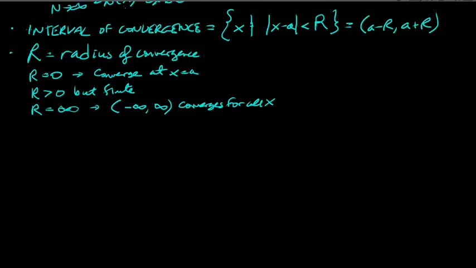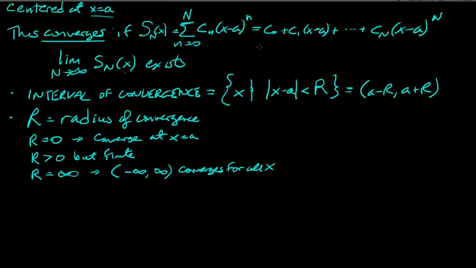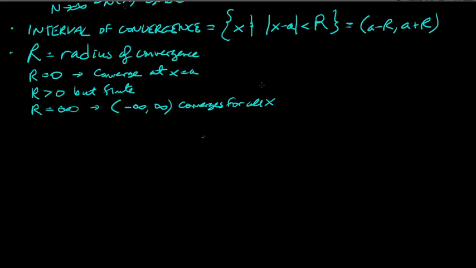So how do we find this radius of convergence? Again, the value of A will be clear based on the series, but finding the radius is not always that simple. But there is one way you could try, and that's the ratio test. Again, this is something you may remember from Calc 2. If not, let me remind you.